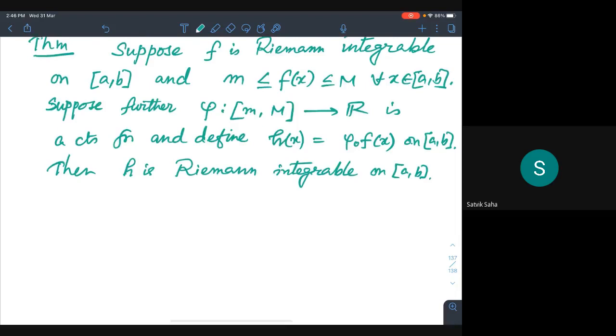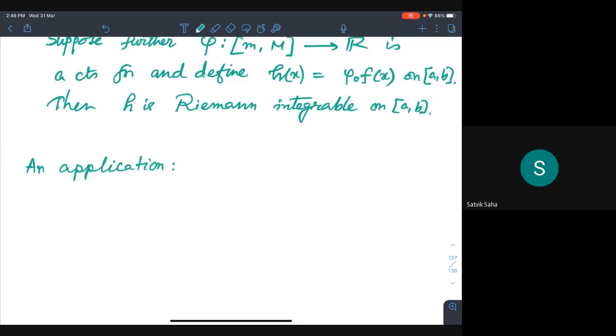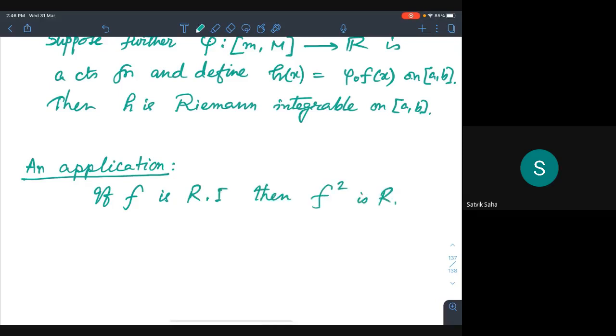An application: if f is Riemann integrable, then f squared is Riemann integrable.